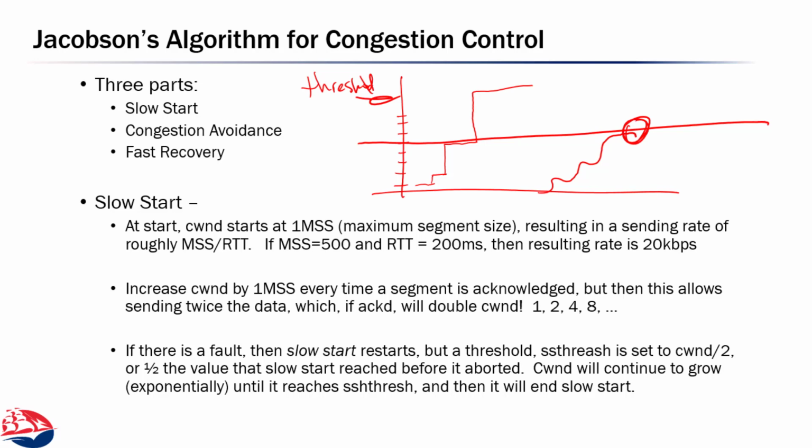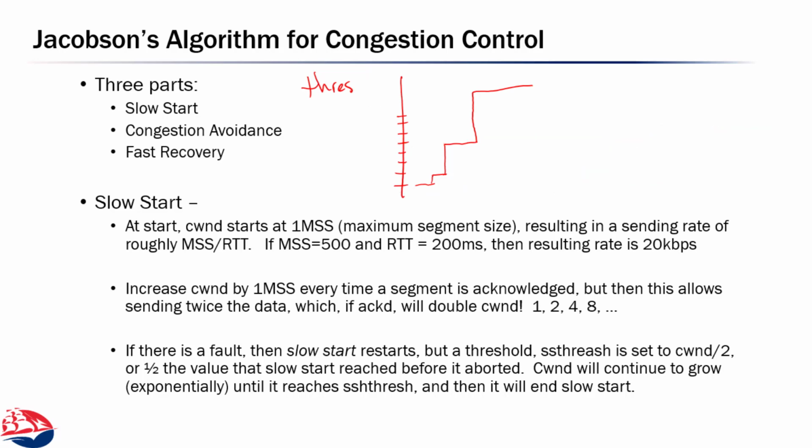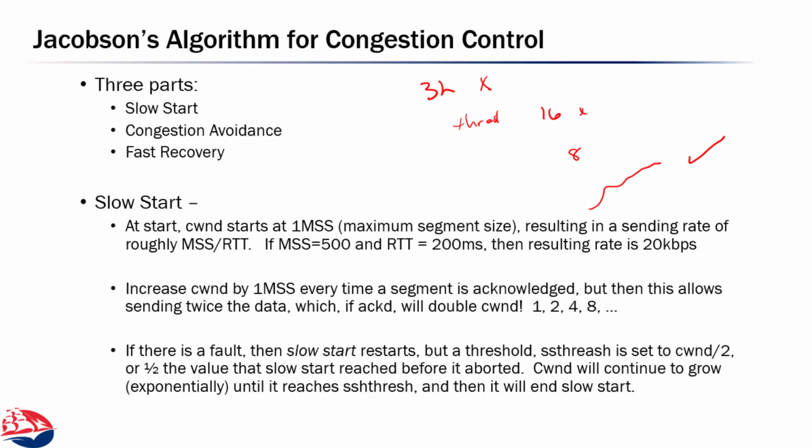Now, it's possible that the next time I'm trying to climb up to the threshold, let's say that the first time we got all the way up to 16, or 32. Let's say that we got to 32, and then we had an error. The threshold would go to 16. If I have another error, then the threshold is going to go down to 8. And if I climb my way back to 8, then we're good. Then we're done with the slow start.